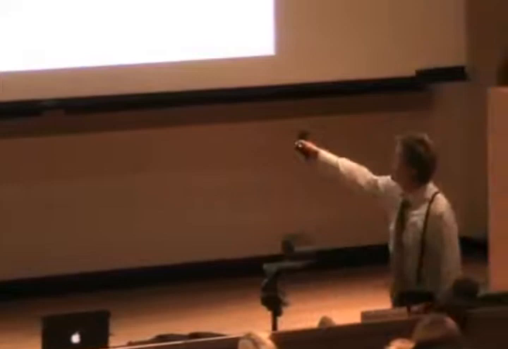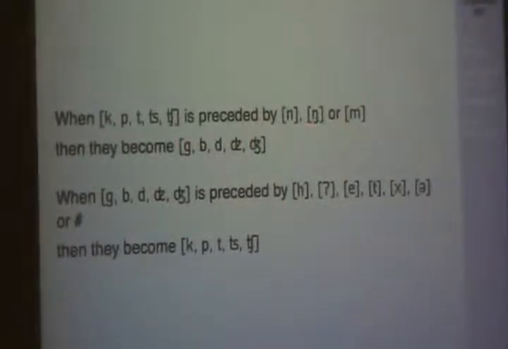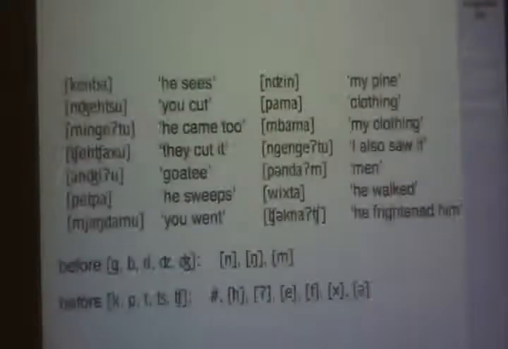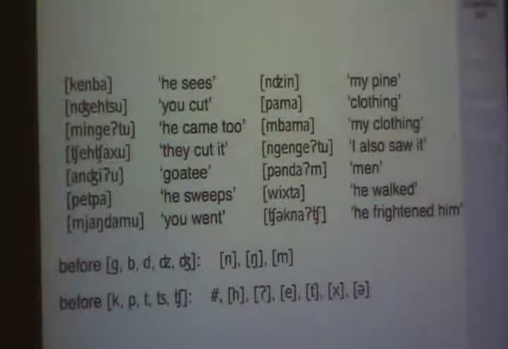If the voiceless ones are the phonemes in Zokwe, and they're becoming voiced when one of these sounds comes before, this is one rule. It says the voiced ones will be following these sounds and nothing else, and these guys will never follow these guys. That's just what we found. Right?